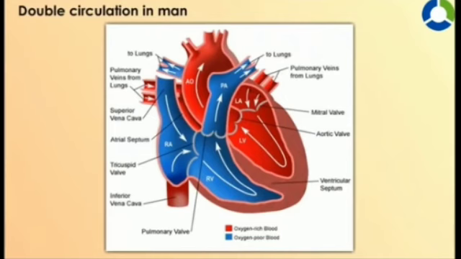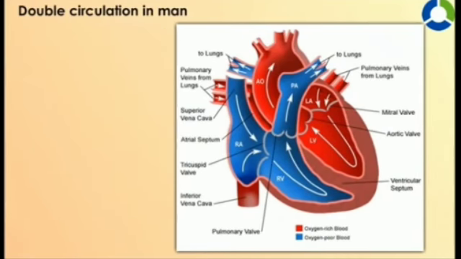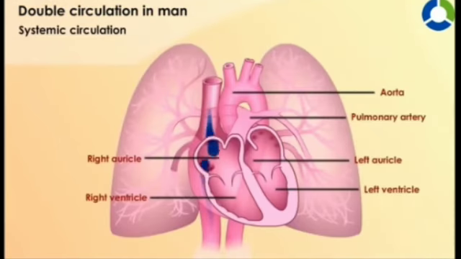So the human heart has double circulation, which means that blood passes through the heart 2 times. As I just explained, to supply once to the whole body, it has to be circulated twice, and they are the systemic circulation and the pulmonary circulation. So this is happening through what?